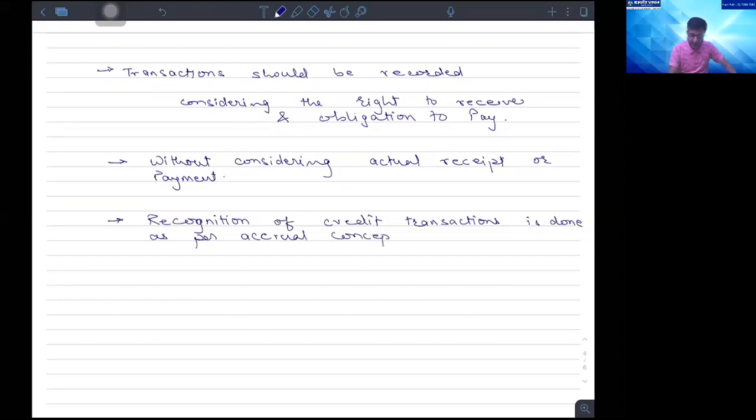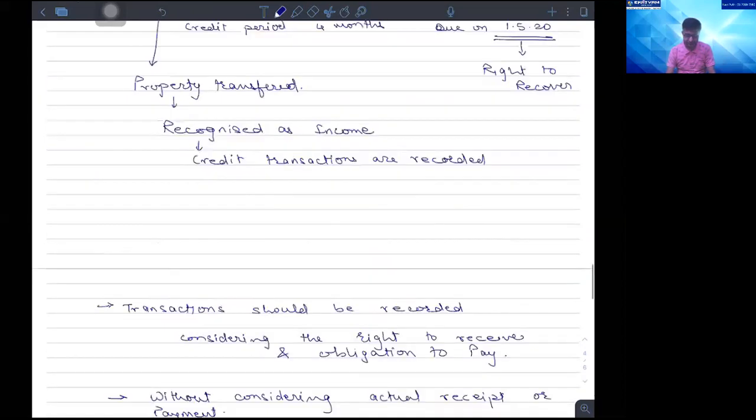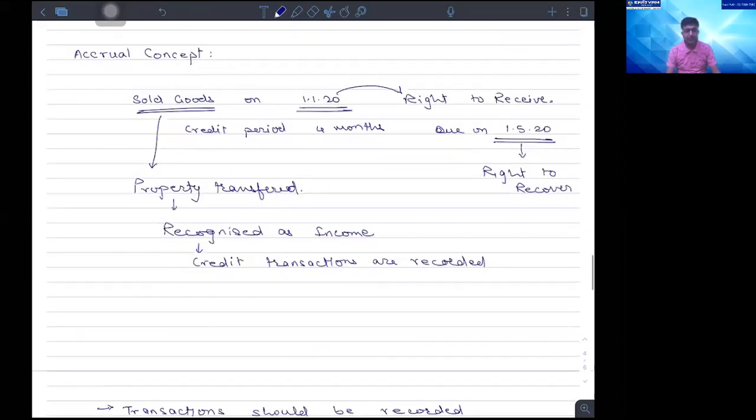As per accrual concept. इसीलिए तुम्हारे पास डेटर्स, क्रेडिटर्स, आउटस्टैंडिंग एक्सपेंसेस, इनकम्स रिसीवेबल, ये सारे आते हैं just because of what? Because of the accrual concept. Am I right? Yes, completed.